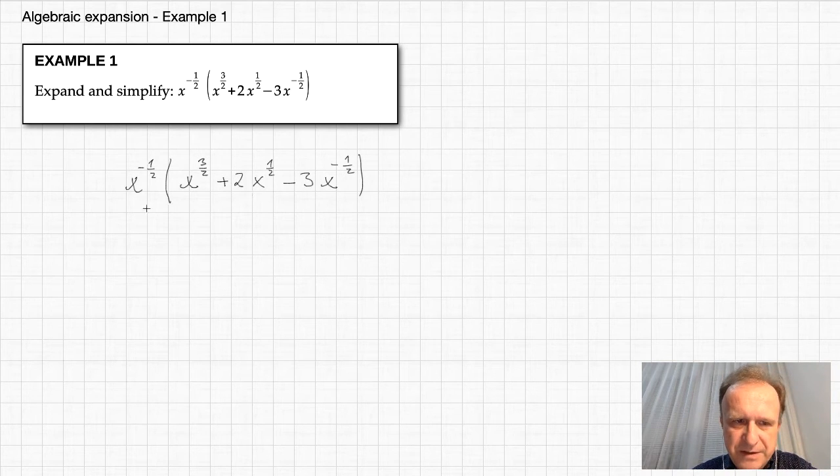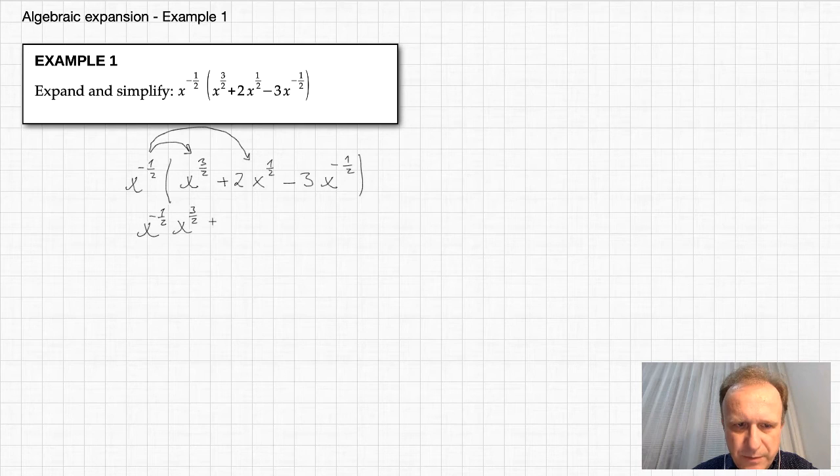First we expand it, so I multiply everything in the bracket by this factor here in front of it. So what I do is I first multiply first by first, so what I get is x to the power of negative 1/2 times x to the power of 3/2. Okay, so this is first by first. Then I take this factor and multiply it by the second term.